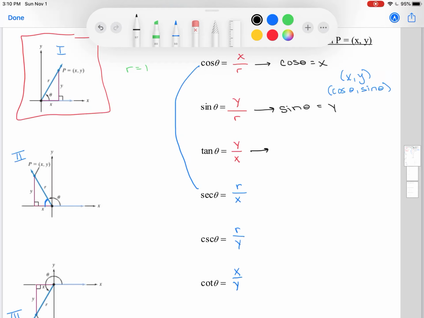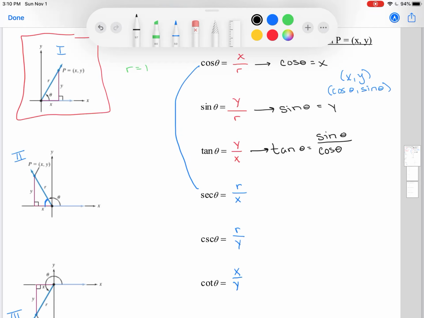So that's going to take me to tangent. All right. Well, if I'm talking trig functions, tangent of theta is y over x. But again, I don't want to see y's and x's any longer. I want to see sines, cosines, or tangents. So I'm going to replace that.